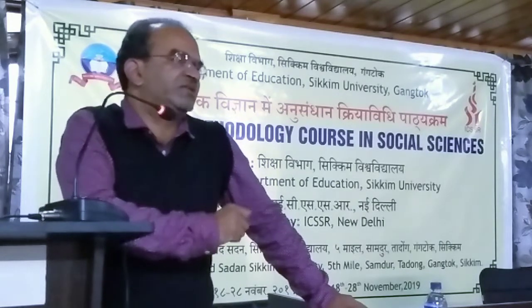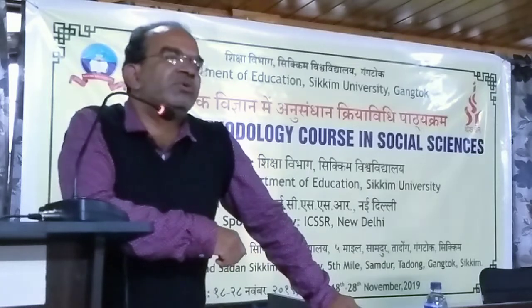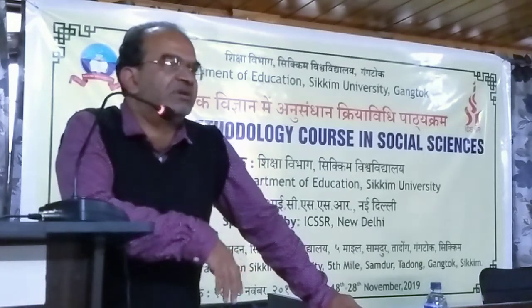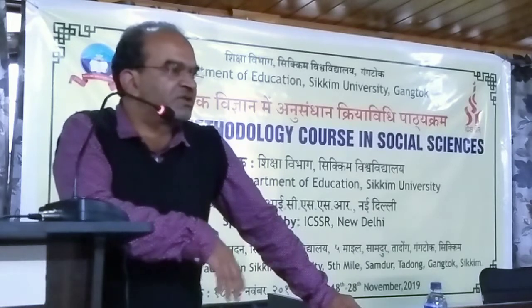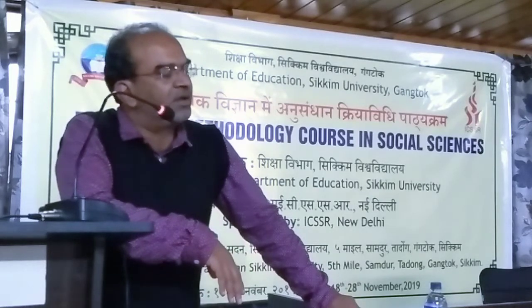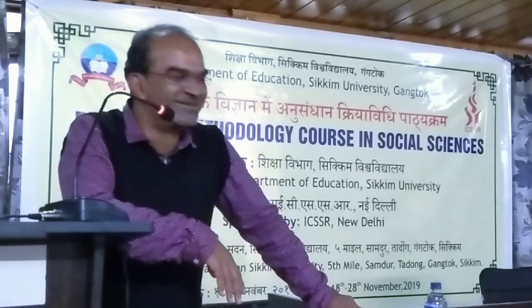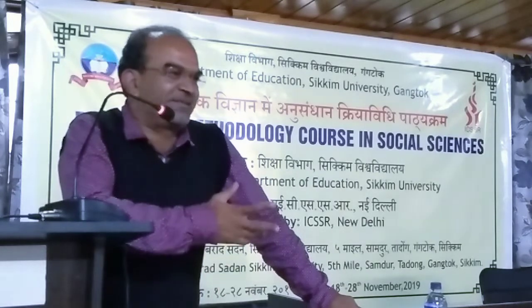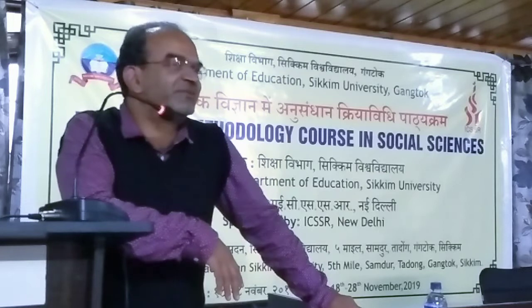I give my own example. I don't want to go to any other example. When I was doing my PhD, I was very young actually, like 20 actually. I finished my master's at 20. So at 20 I joined PhD. How, I will tell you. At 15 I completed my matriculation.